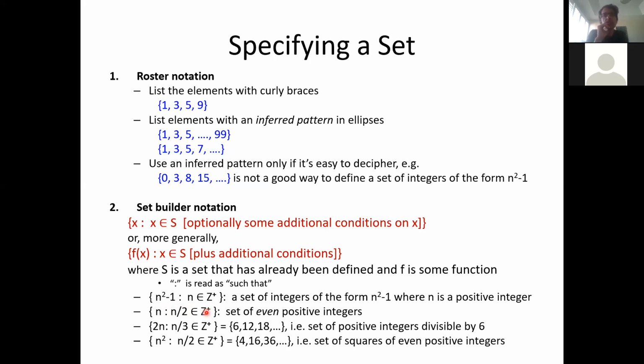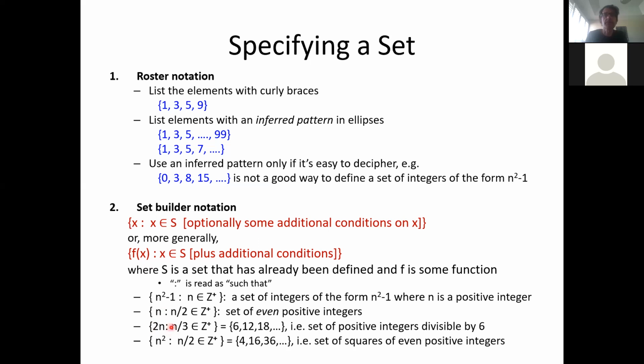I could equivalently define them using this type of notation, where instead of saying some x such that, and here's a condition on x, I say some function of x such that x.